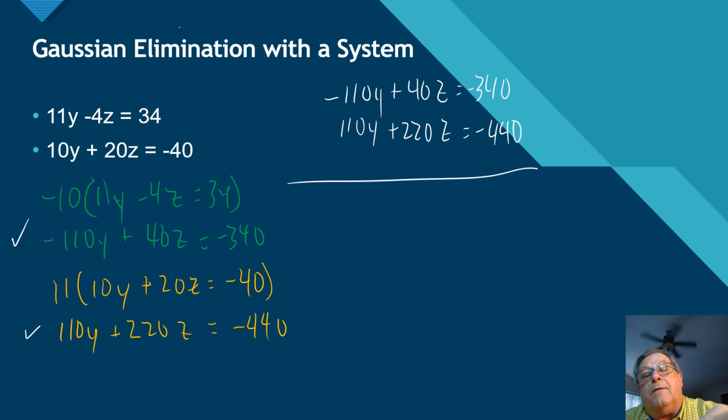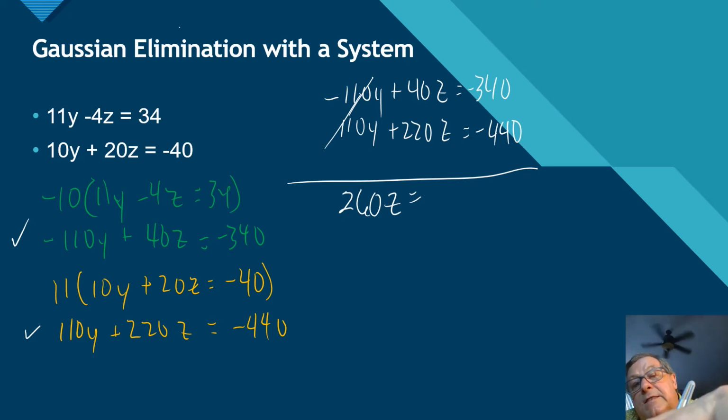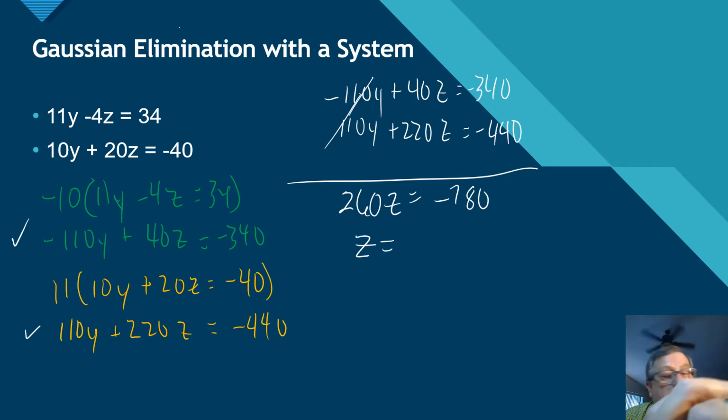Negative 110y and positive 110y cancel. 40z plus 220z equals 260z, and negative 340 minus 440 is negative 780. Let's divide both sides by 260, and z is equal to negative 3.